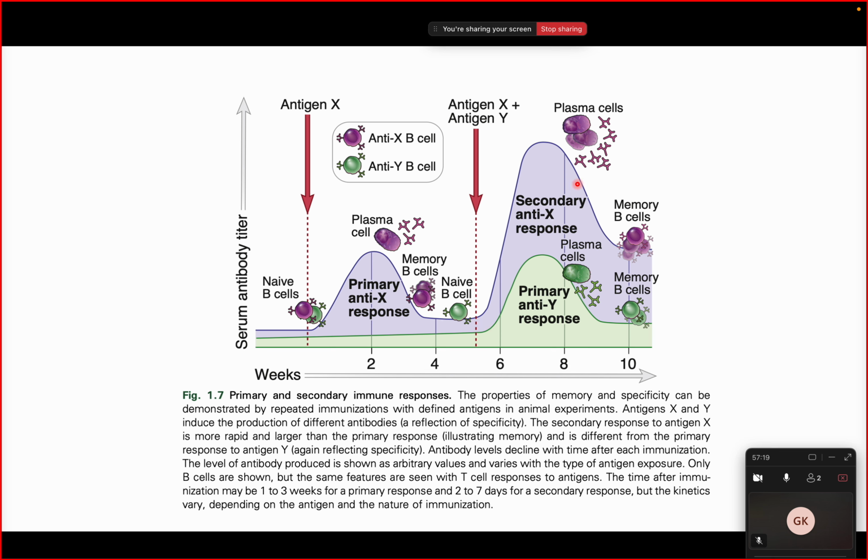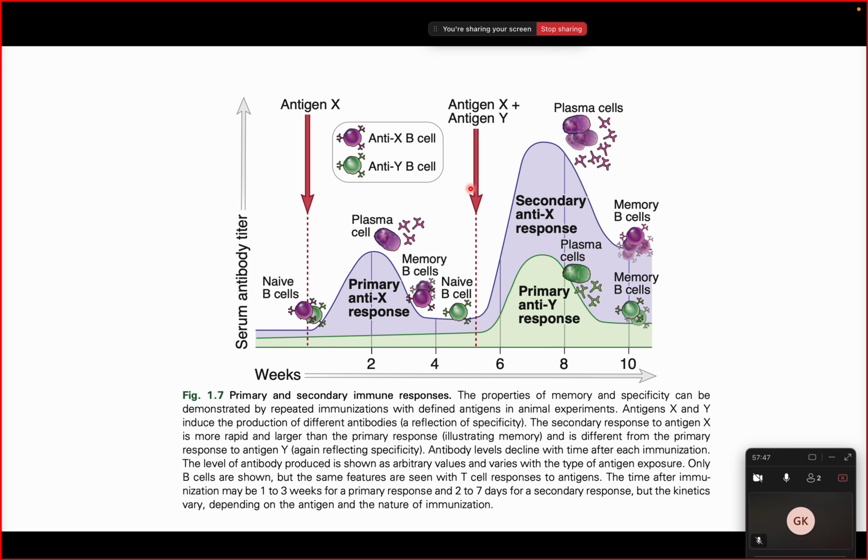Once your secondary response was occurring for the first infection itself, you receive another infection from the surroundings, but now this is a new infection. So again this new infection will take around 7 days to make memory cells. So for the second infection, this phase will be the primary response. For the first infection which you got again, it will be the secondary response.